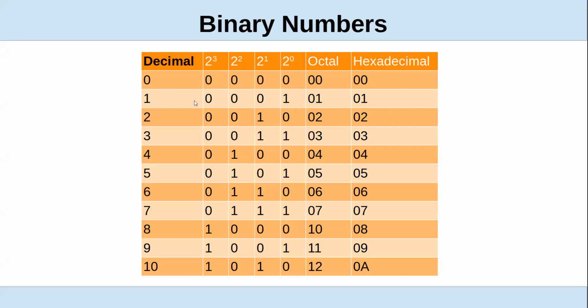Here's a little chart showing for decimal numbers 0 through 10 what the binary representation is. And this is what you would call big endian as opposed to little endian, where the most significant bit is over here on the left and the least significant bit is on the right.